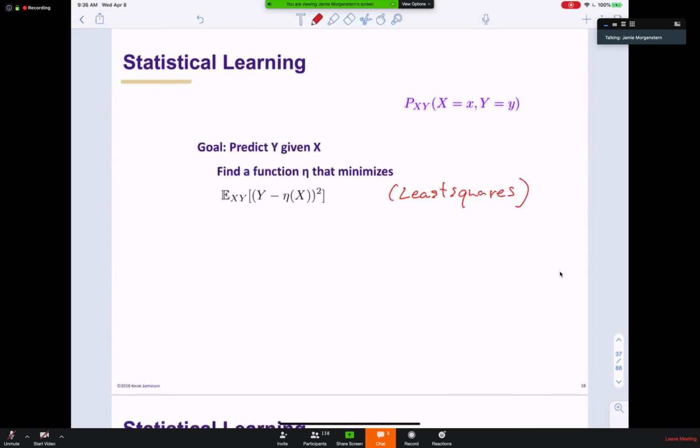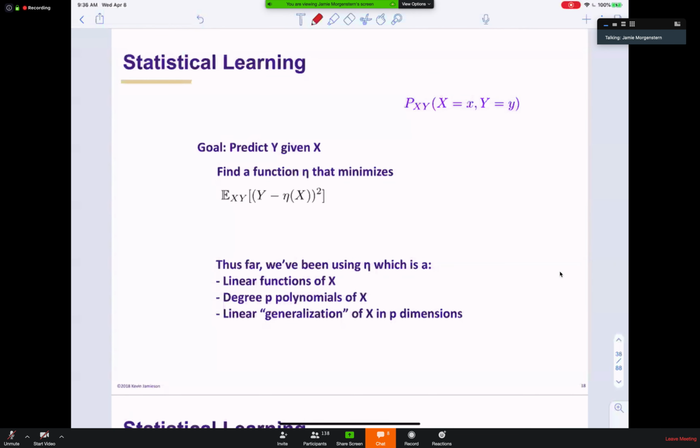And in the last couple of classes, today and Monday, we were thinking about linear functions of x, etas which were linear. And today we've introduced this idea that we might be thinking about degree p polynomials of x, or some kind of linear generalizations of x into p dimensions. So ideally we're trying to find some eta which does well on a new draw x, y from this distribution p x y.